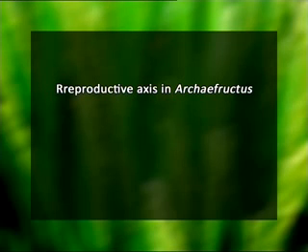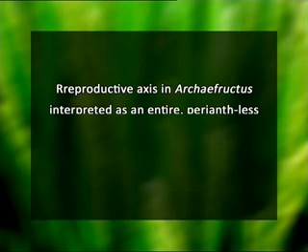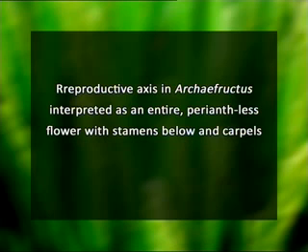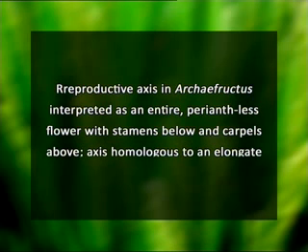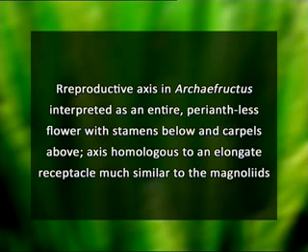The interpretation for the relationships of these structures with present-day angiosperms is highly debatable. According to one hypothesis, the reproductive axis that we see in Archaefructus is an entire perianth-less flower with stamens below and carpels above. The axis is perhaps homologous to an elongate receptacle much similar to the magnolias.